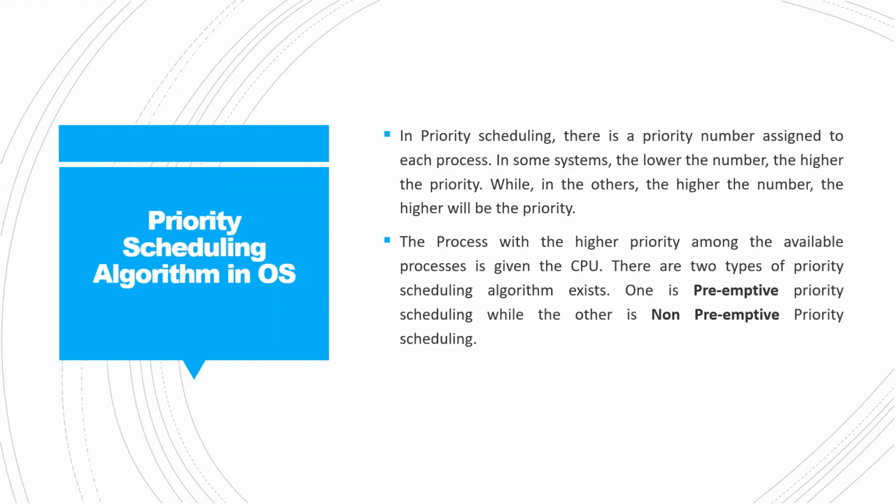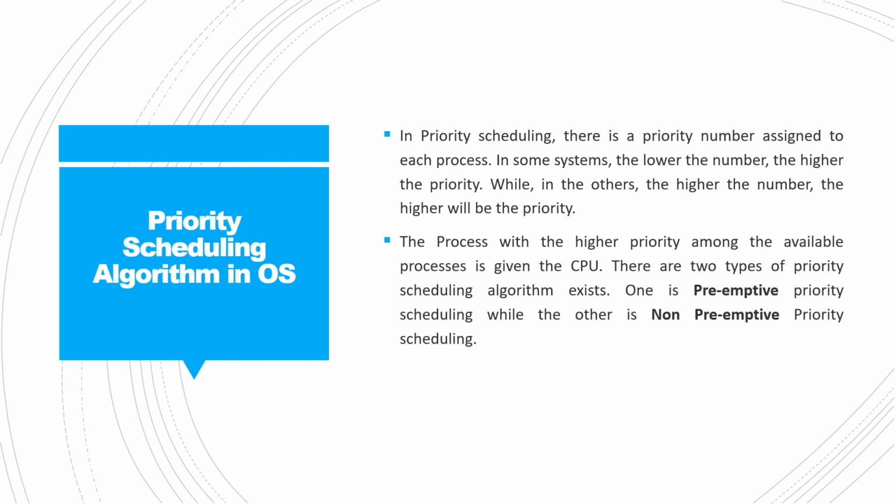Types of algorithms in use for preemptive scheduling. There are two types: priority scheduling and round robin. First we see the priority scheduling algorithm. In priority scheduling, there is a priority number assigned to each process.